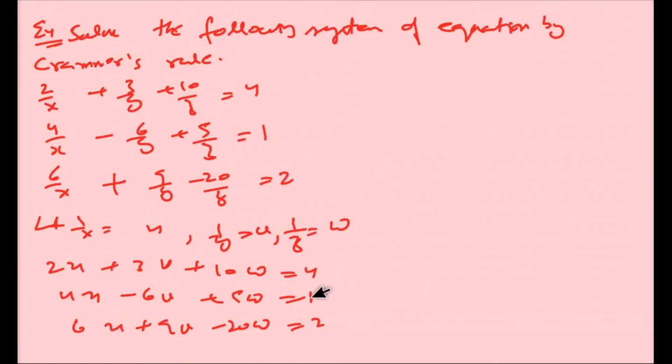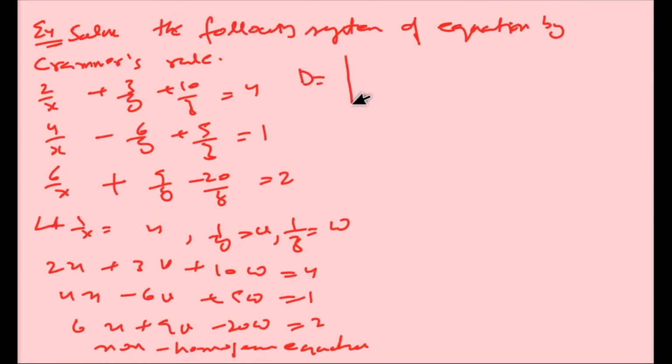Now we can see here the right-hand side is not 0, so it is a non-homogeneous system of equations. Since 4, 1, 2 are here, first we will find the value of d.